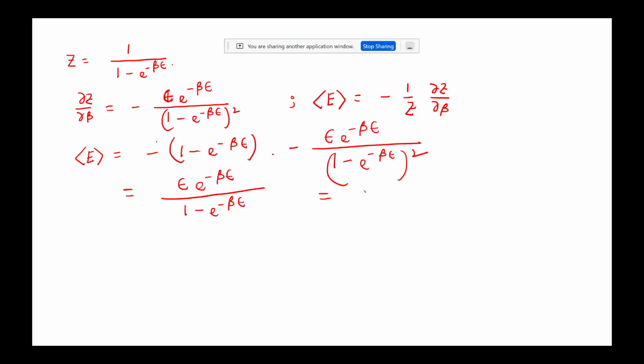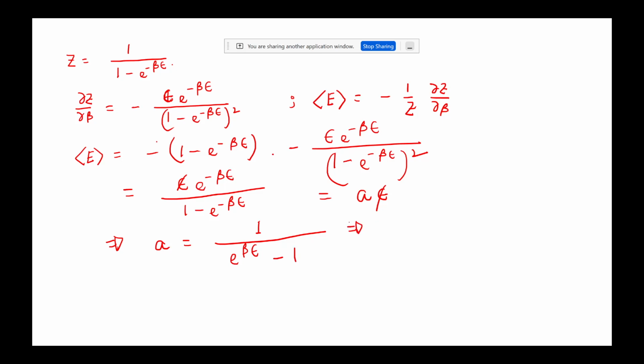Now this is the average energy, A epsilon. So epsilon and epsilon cancel out. Now we get A equals 1 by e to the power beta epsilon minus 1. Okay.